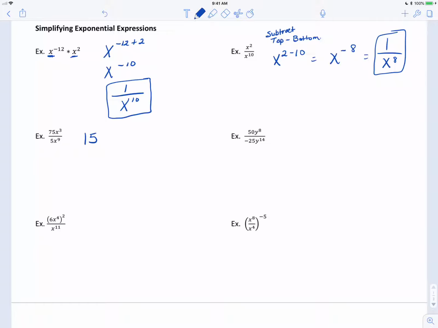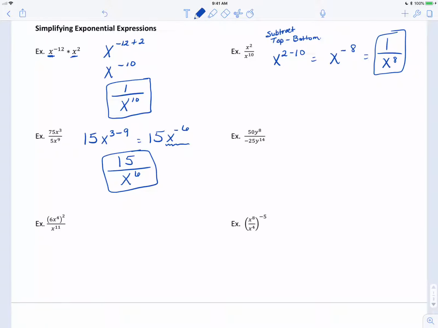So if that is still a fraction, if the number on the bottom is bigger, it's got to stay there. All right, so then what are we going to do with those exponents? X to the 3 minus 9, which leaves us with 15x to the negative 6. So this needs to go on the bottom to become positive. So 15 is still on the top. X to the 6th, now that's positive, is on the bottom.